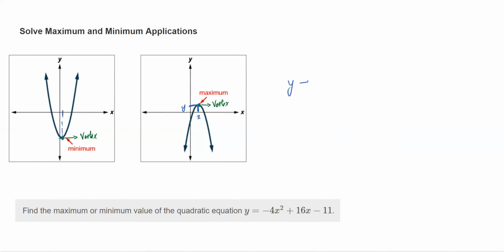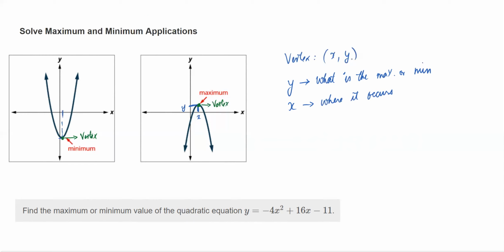So I'll say y tells us what is the maximum or minimum, and x tells us where it occurs. So I could just say this is all related to the vertex x comma y, whatever that point is.